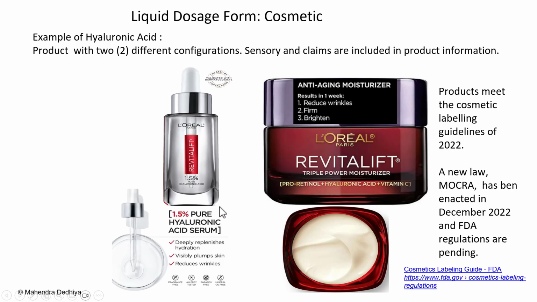For example, hyaluronic acid, 1.5% pure hyaluronic acid serum, and it provides certain claims, i.e. visible plump skin, reduces wrinkles, and it comes with a dropper.